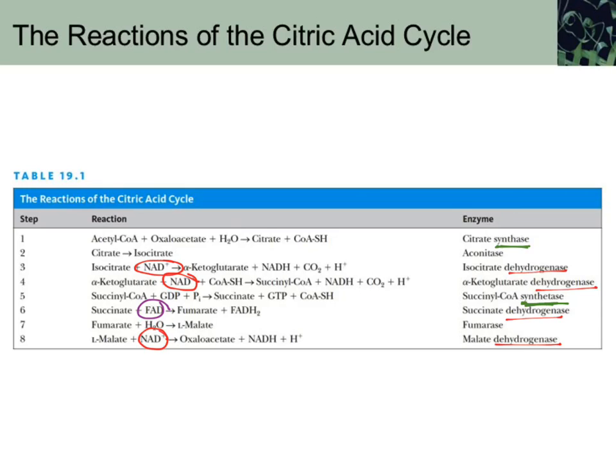Because if we go through and look at those, it's citrate. Biochemistry is weird with nomenclature, so there might be a pattern here we can look at. If we look at the first one, citrate synthase, what did we make? We made citrate. In the succinyl-CoA synthetase, what did we make? Succinate. What did we start with?